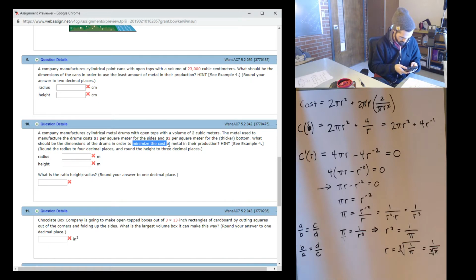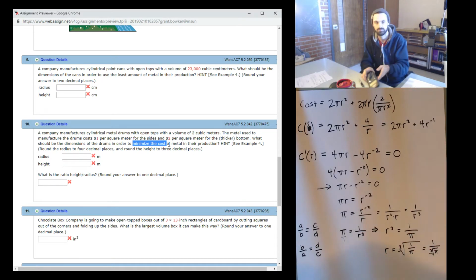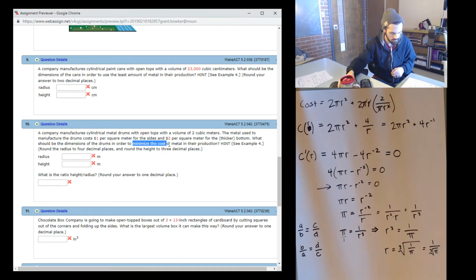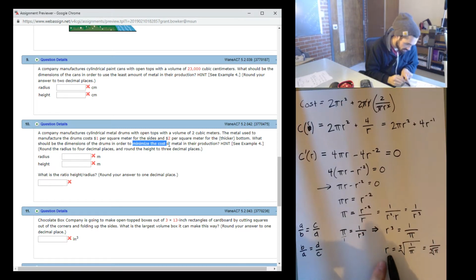So 1 over cubed root of pi is 0.68278. So a little bit over a half. All right, so that gives us r.